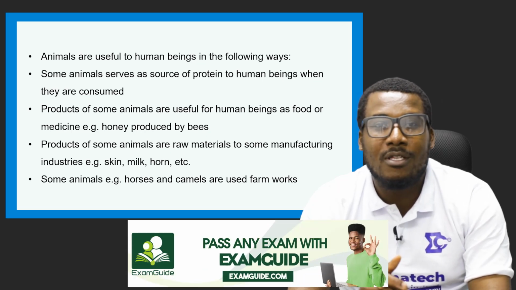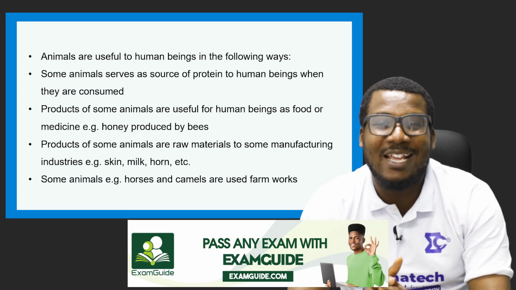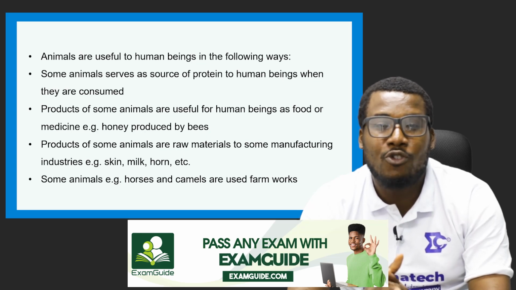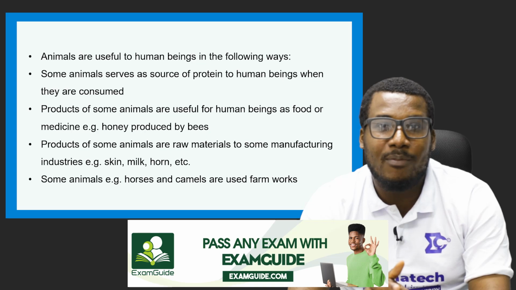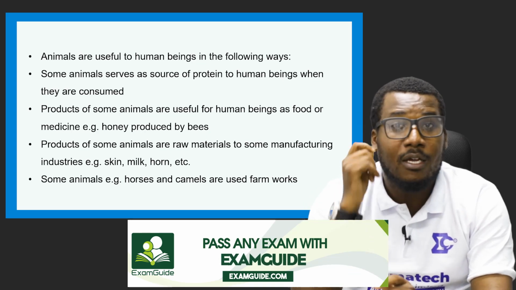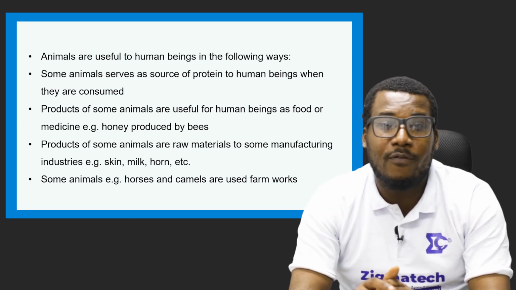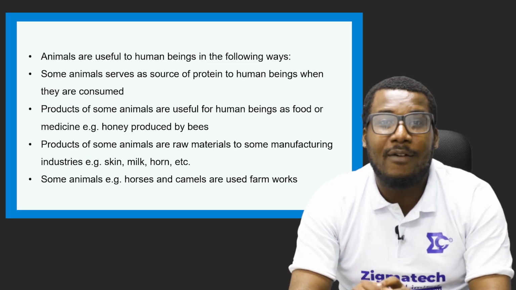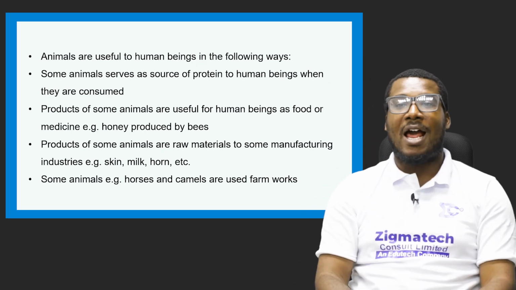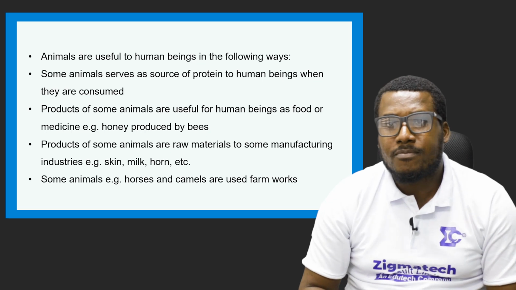So the snake venom is not entirely doom and gloom for us. It's also needed because from the cocktail of their venom, you can produce anti-venom.